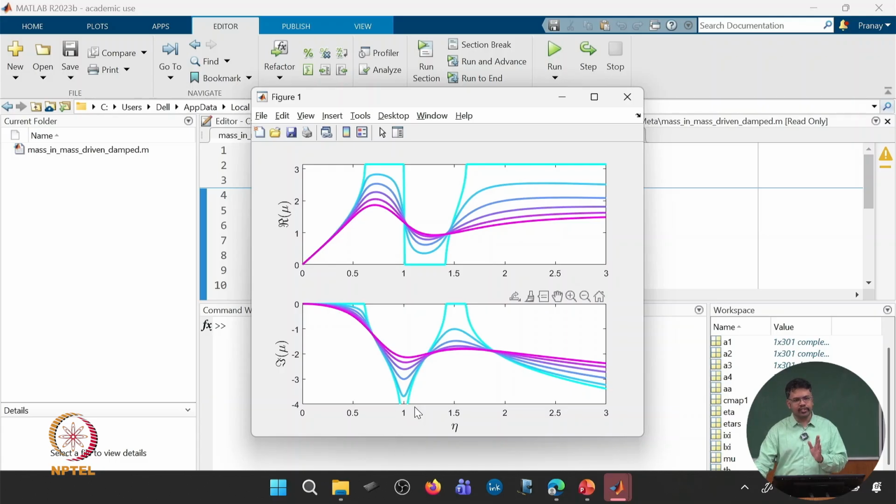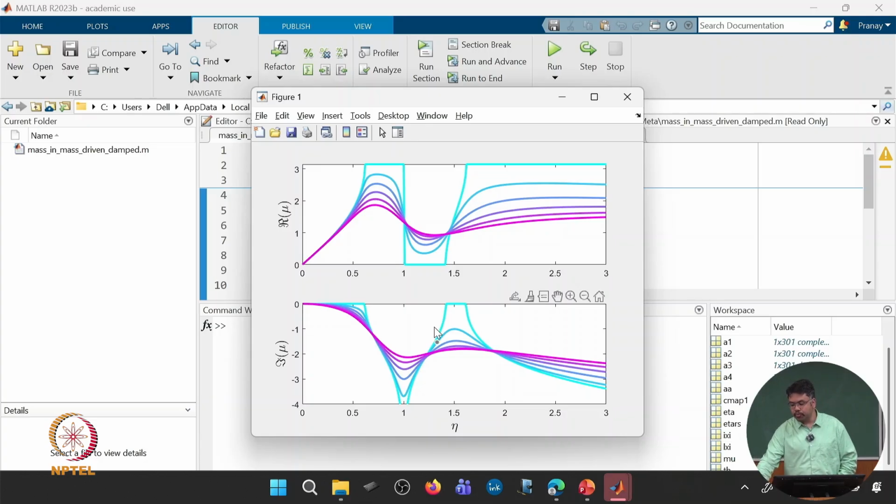Once the frequency was matching, you had a very strong level of attenuation. At that resonating frequency, if you are exciting, everything is captured by the resonator. Then again after that you get a propagation band, and again an attenuation band. That was typically what happens in the mass-in-mass chain.